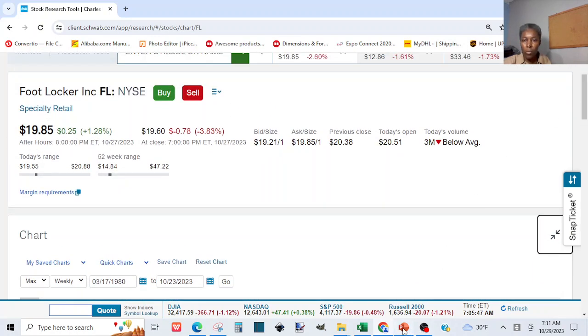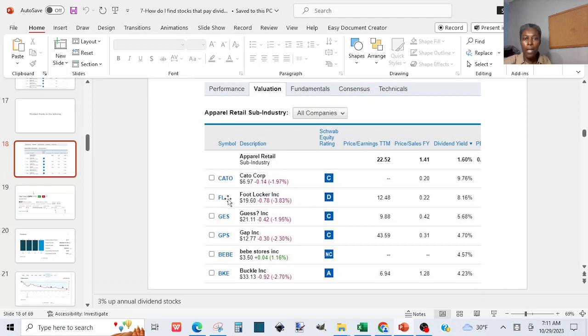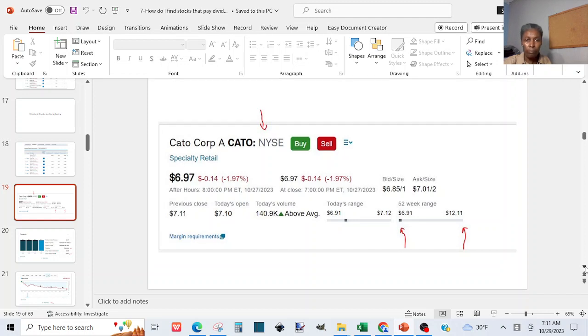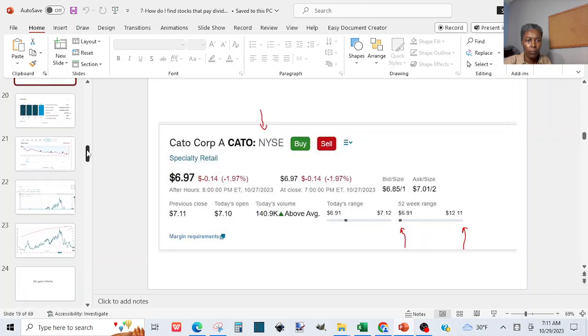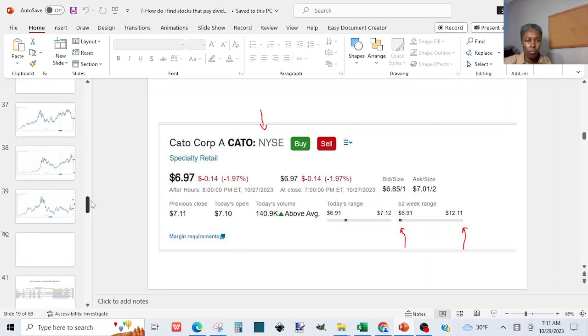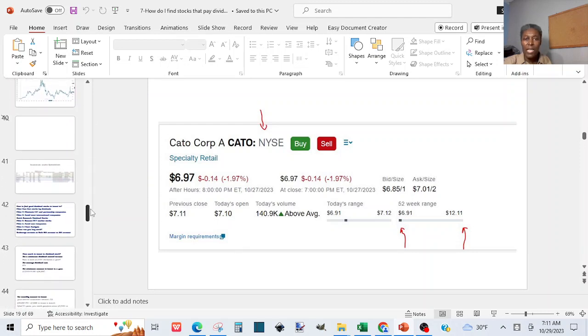For us, we have FL, GPS, and Boko, three that are good, and all three are growth and dip. Foot Locker is the one that met the dividend criteria at the end. The other two didn't.